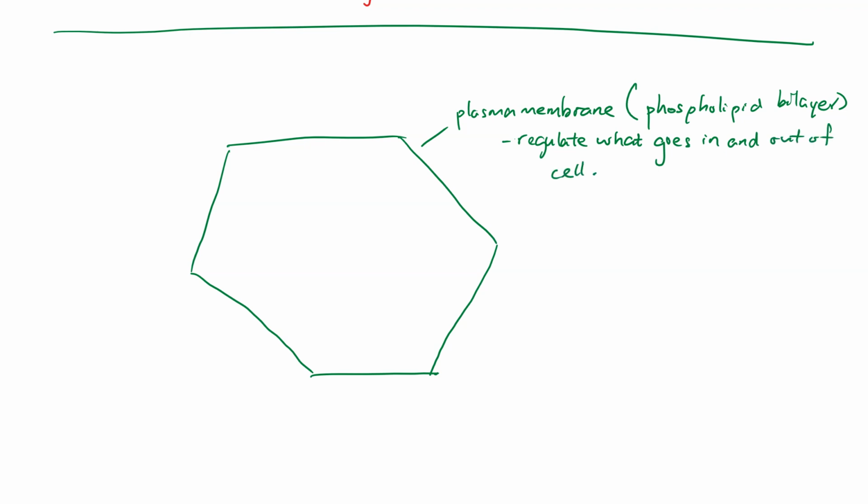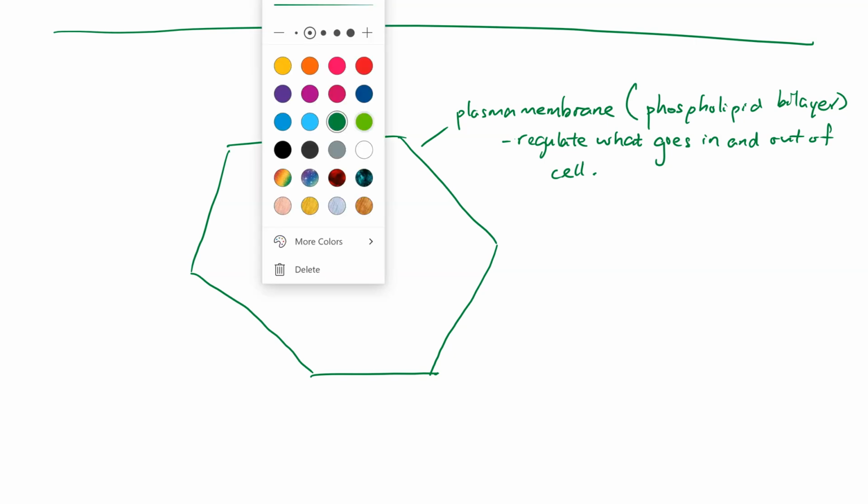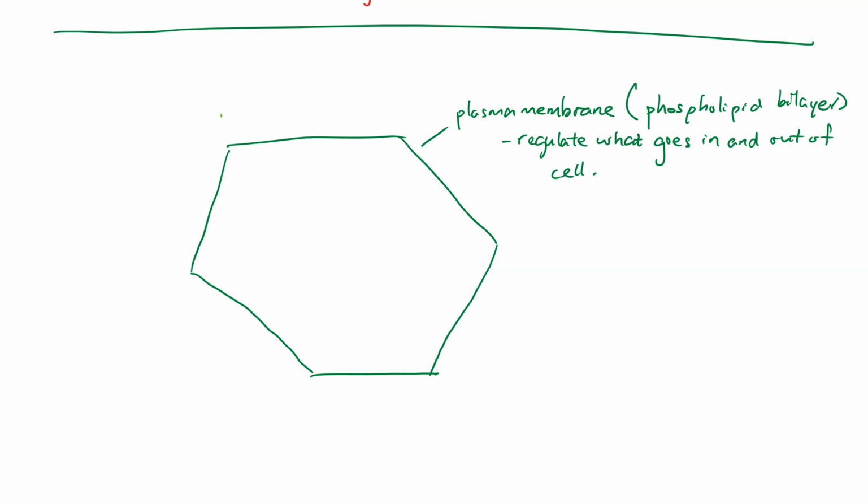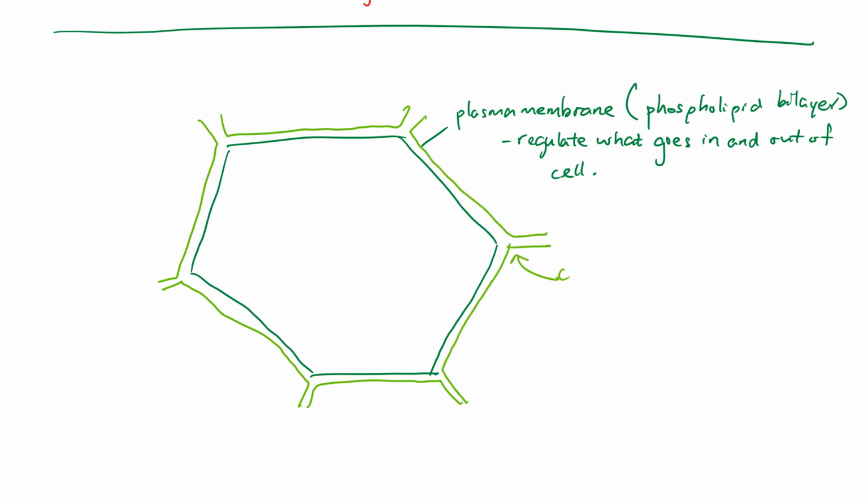Right? Surrounding the plasma membrane right at the outside is cellulose, the cell wall. Right? Cell wall, which is made of cellulose. It's a very tough and rigid structure, and notice that cellulose is outside of the plasma membrane.